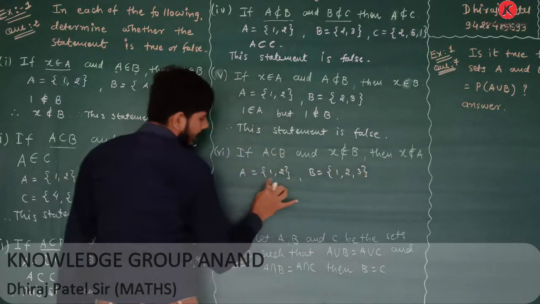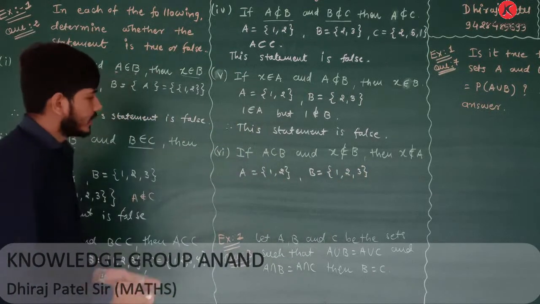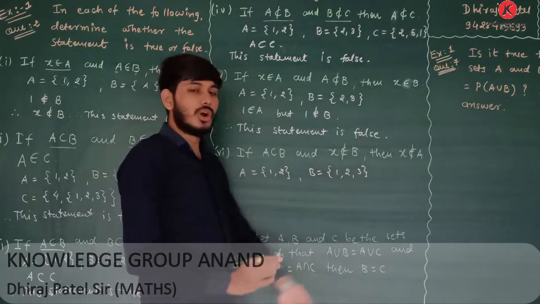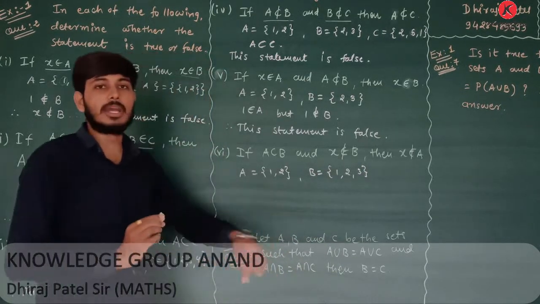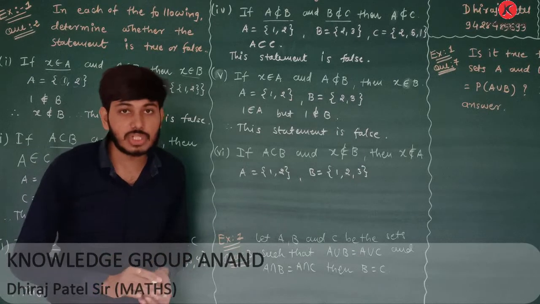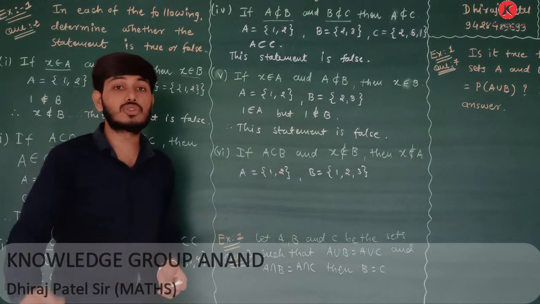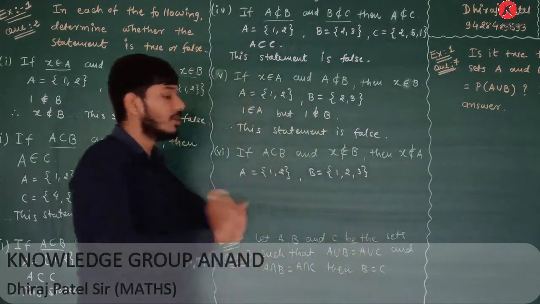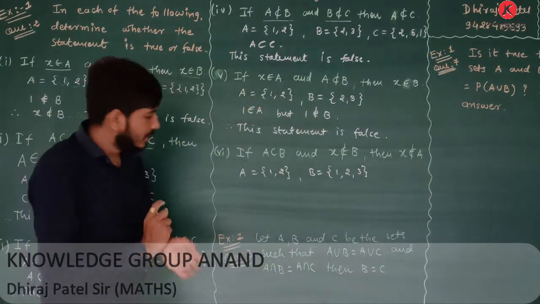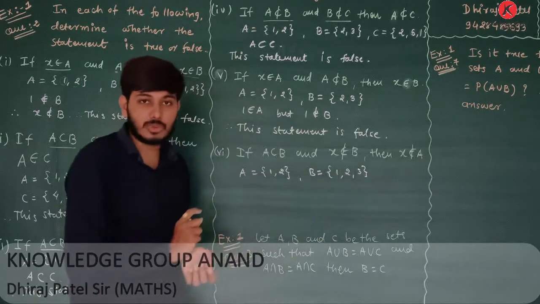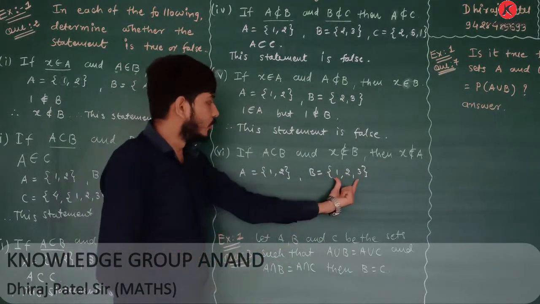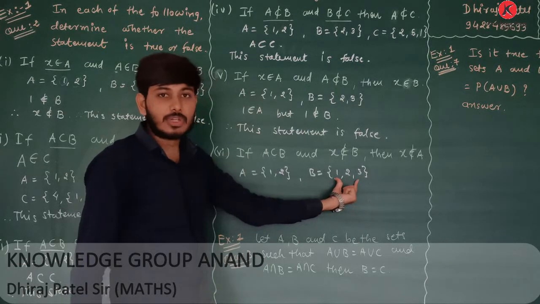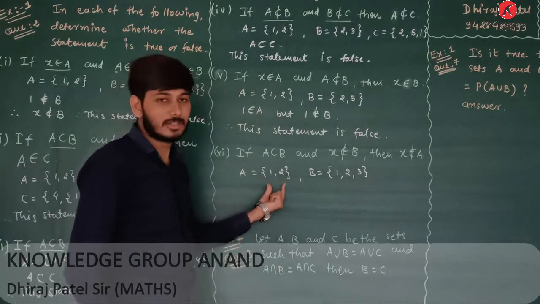Now at least they should come. A is a subset of B. Now x does not belong to B. I consider an element x that does not belong to B, that is not inside B. Then A will also not contain it. Understood? Then x does not belong to A. Okay, so I am taking 4, which is not inside B, therefore it is also not inside A.